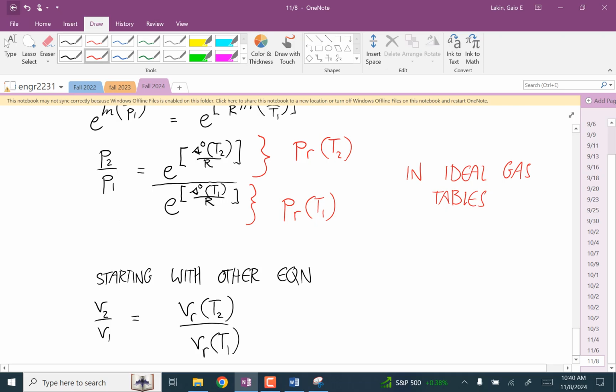And again, these are just given in the ideal gas table for a certain temperature. Oh, that's P sub R. Yes, not times R. Is that pressure relative? Yeah, that's right. But this is what it really means. Got it.